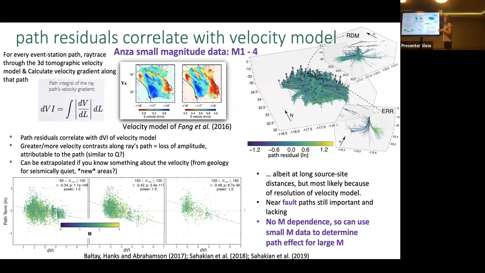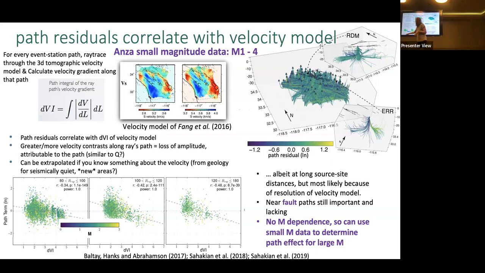She took a much larger data set there and considered this velocity model from Banganal for S waves. So from that ground motion model that she built, she calculated the path residuals, and then separately for every event station pair, ray traced through the velocity model and calculated this path integral of the velocity gradient, and found that those observed path residuals correlate with the path integral of the velocity gradient from the independent velocity model.